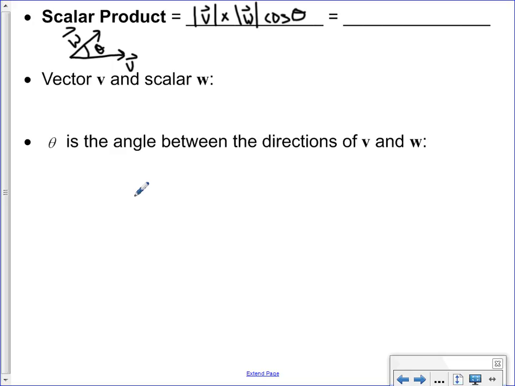Or you can write this as vector V dot vector W, which is why it's called the dot product. Notice that it's a scalar product, which means the result is a number.